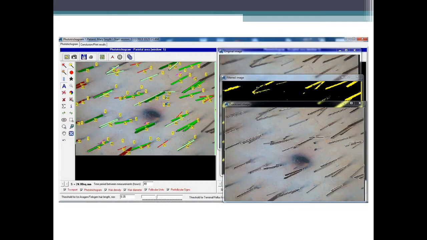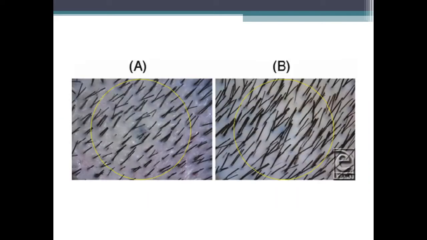So in 8 weeks with your eye you really can't say if it's improving or not. But the computer, if you apply the dermoscope to the same place, is able to count the number of hairs in states like anagen, catagen, and if you repeat that within a few weeks, the computer can count again and tell you if there is any change, some improvement or worsening or not.